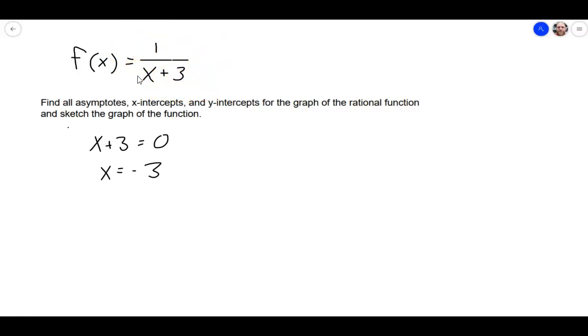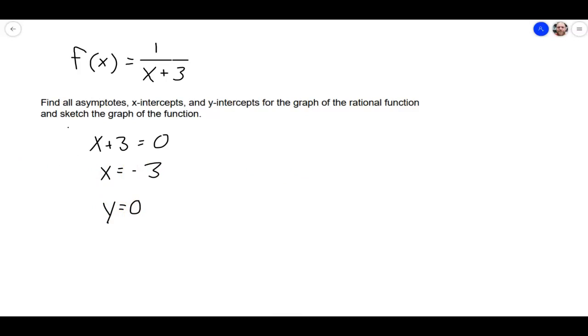Now another way to look at this is if the variable in the bottom has a higher exponent than the one in the top, which the one down here has a 1 and the one up here has a 0, then this function has a horizontal asymptote at y equals 0. So y equals 0 is going to be our horizontal asymptote. That's the horizontal line where this function approaches.